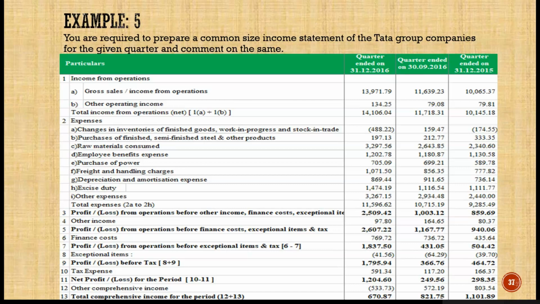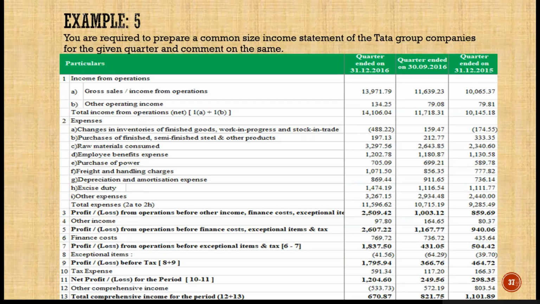The information in particulars given is income from operations, then expenses, then profit from operation, then add other income, then profit from operations before finance cost, exceptional items and tax, then deducted finance expenses, then deducted tax expenses, and thus arrived at the net profit for the period.